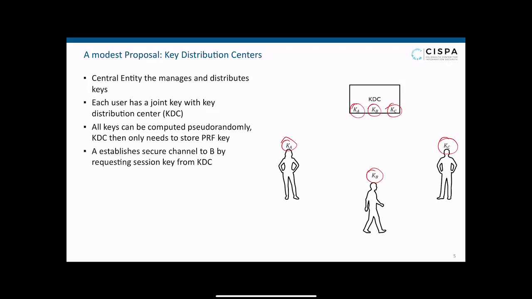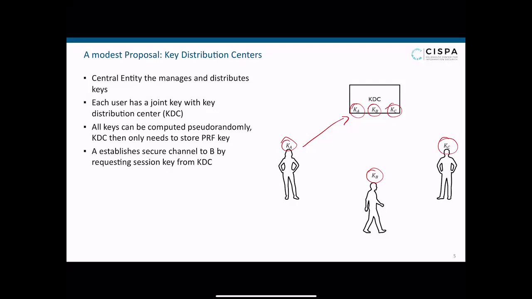Good. But now Alice, Bob, and Charlie have the ability to securely communicate with the key distribution center. Now we could just say, let's route all communication through the key distribution center, right? Alice wants to talk to Bob. Let's just have her talk to the KDC.